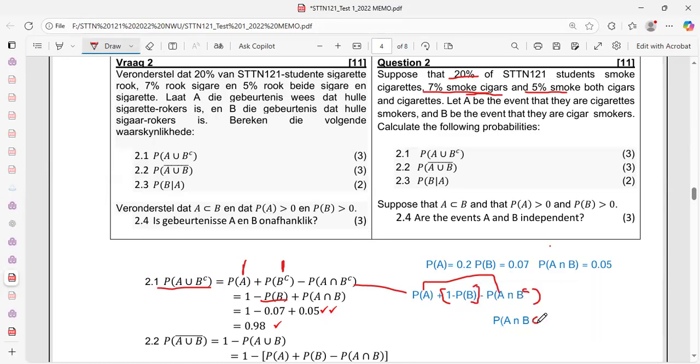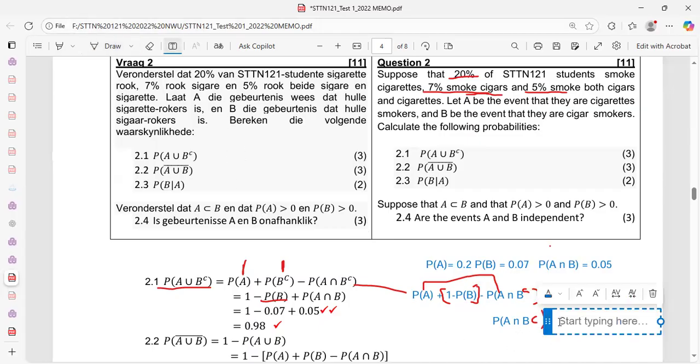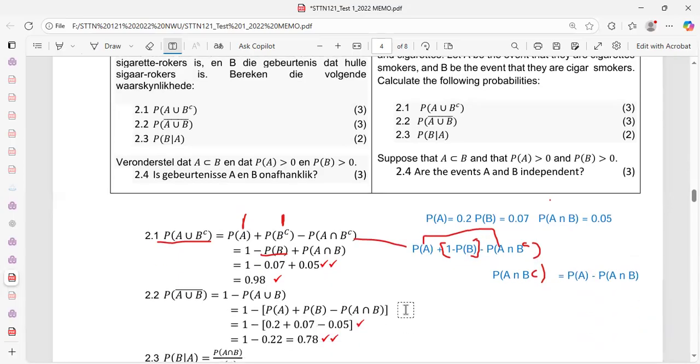The formula is here, and then you close the bracket, which is equal to, remember, we're expanding this whole formula so that you can see how they got 1 minus probability of B plus A and B, which is equal to the probability of A, the bracket, the probability of A minus the probability of A and B. To expand this, A and B: the probability of A minus the probability of A and B. Now it means that here you're going to get something like what?